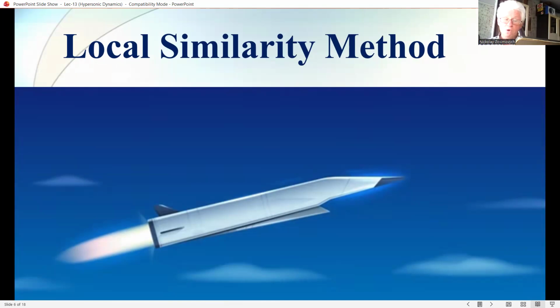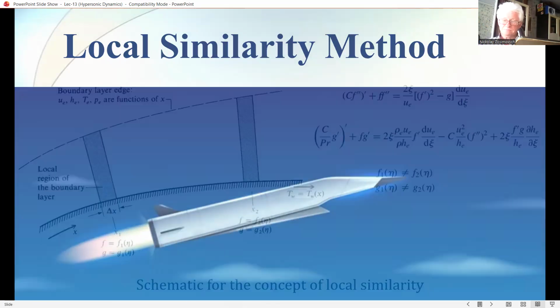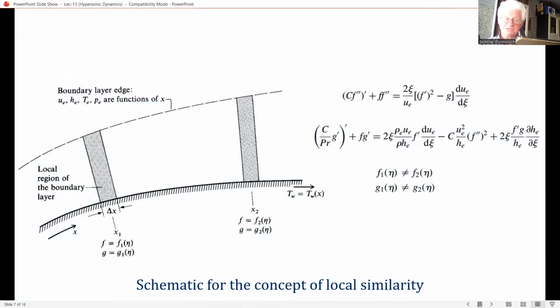The method of local similarity is not a precisely exact solution for general non-similar boundary layers, but it is an important bridge between the exact self-similar technique and the exact non-similar solution. The concept of local similarity is outlined now.